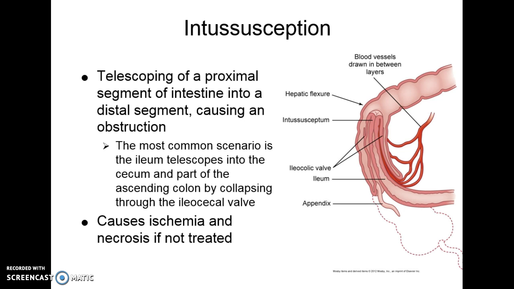And we looked at this in Figure 36, or in Chapter 36. And in the adult, this was an intestinal obstruction, right? Figure 36, 4b. With the child, same thing. It's telescoping of a proximal segment of intestine into a distal segment, and this causes an obstruction.